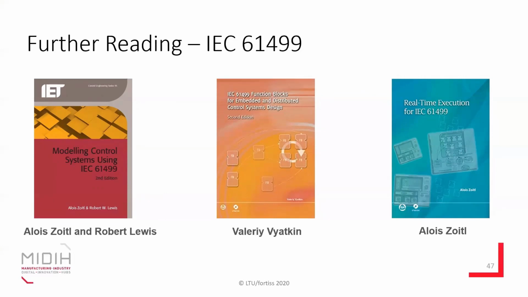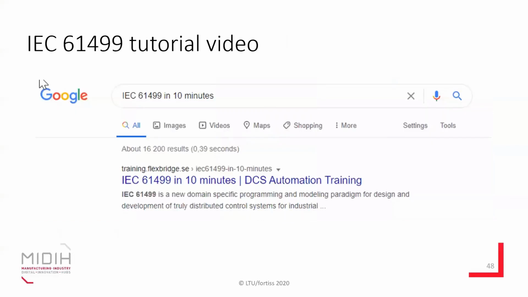And if you really want to look into the internals of an IEC 61499 runtime, then the book on the right would be for you. But if you don't have the time to read an entire book right now, we can recommend a much shorter video tutorial, which you can very quickly find on YouTube.